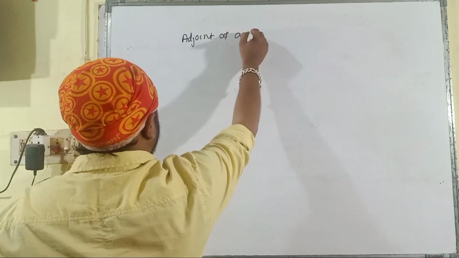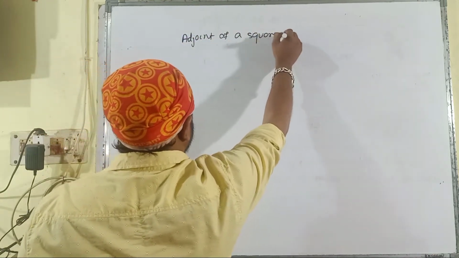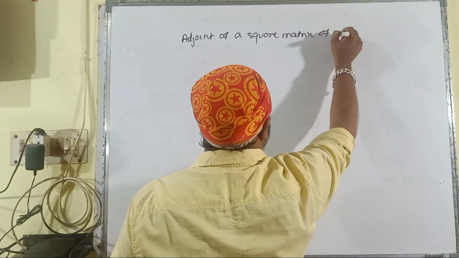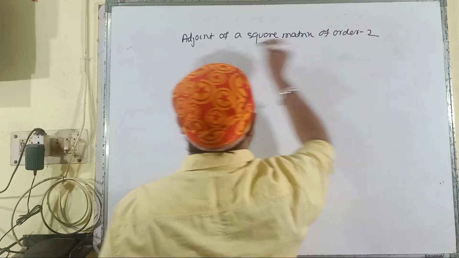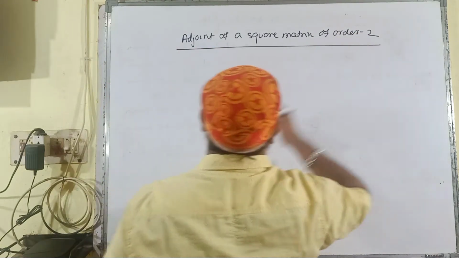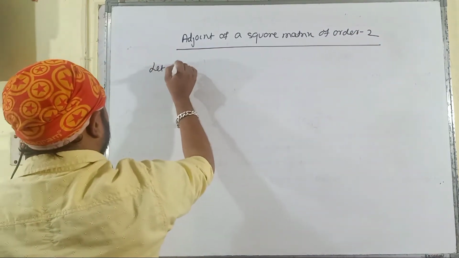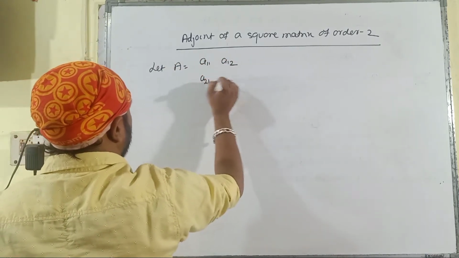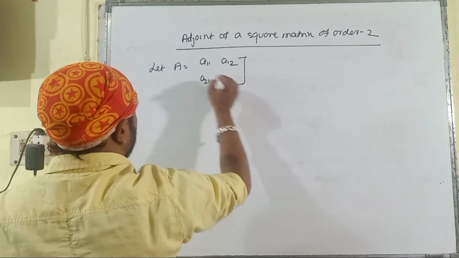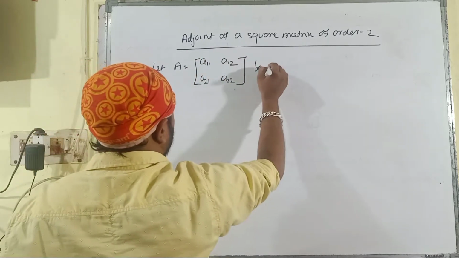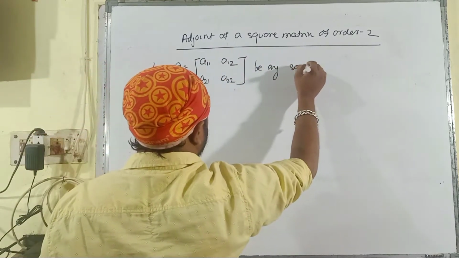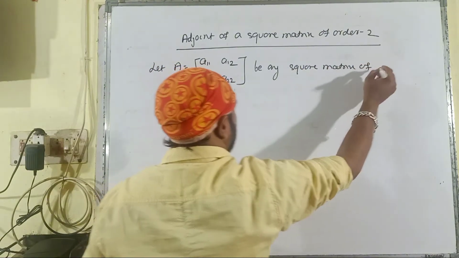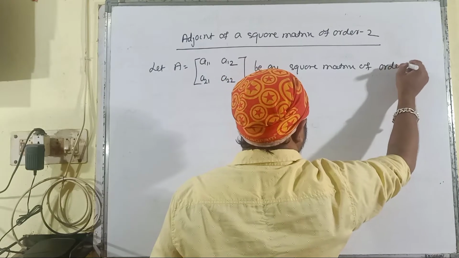Adjoint of a square matrix of order 2. Let A is equal to A11, A12, A21, A22 be any square matrix of order 2.